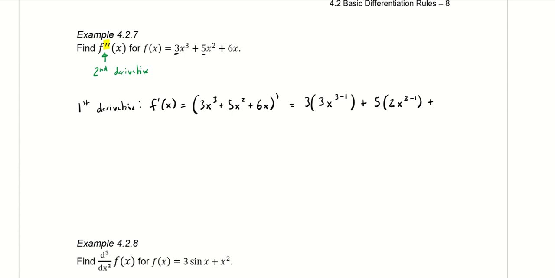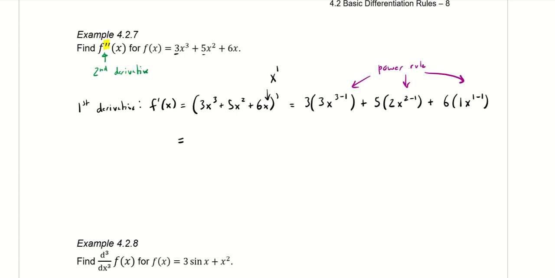For now, I'm going to keep using the power rule just because we've already used it twice. 6 times, this is technically x to the 1, so it's like I'm taking the 1 out front times x to the 1 minus 1. This is all the power rule. Here, here, and here.